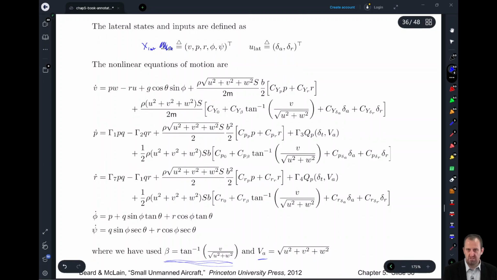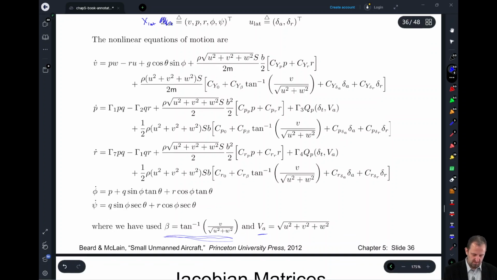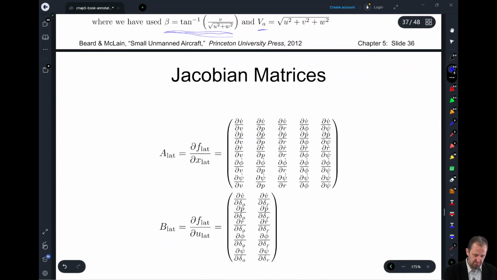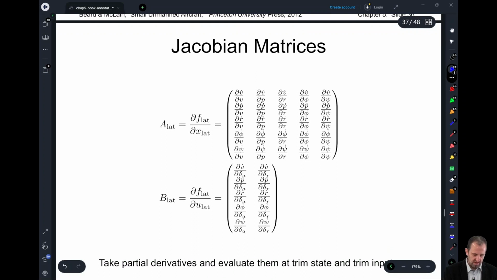Okay, so this is just review, these are our nonlinear equations of motion. And you can see that they are definitely highly nonlinear, right? And we've plugged in beta in all of these equations, just so that we show the dependence on the variables that we're interested in. So then we take the partial derivative. So df, we're going to take our lateral functions with respect to our lateral states, right?